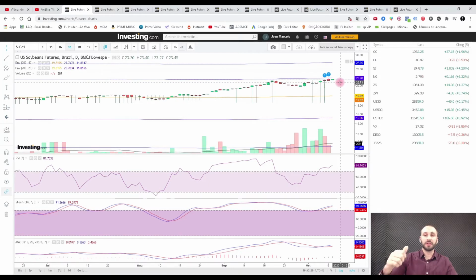So we have the envelope of 20%, the relative strength index, and the stochastic indicators telling us it's a very good moment to sell your crops. If you're a farmer and you have soybean on your farm, it's a very good moment to sell. If you have contracts, I don't know if that's the right word, a deal for your soybean future, it's a very good moment to sell your soybean.